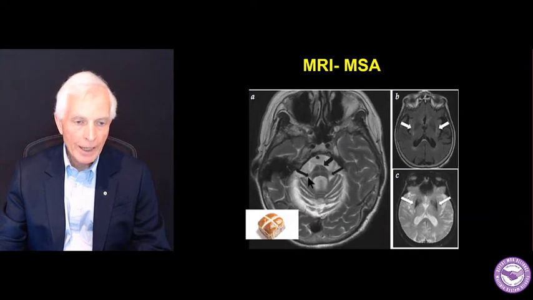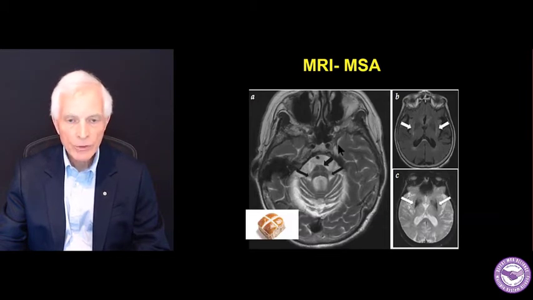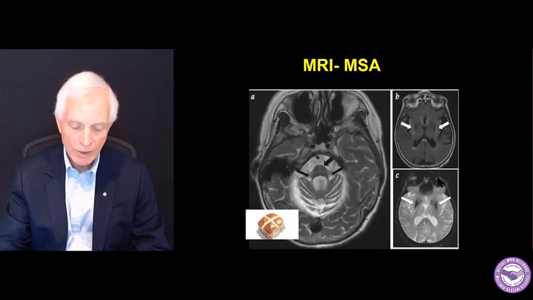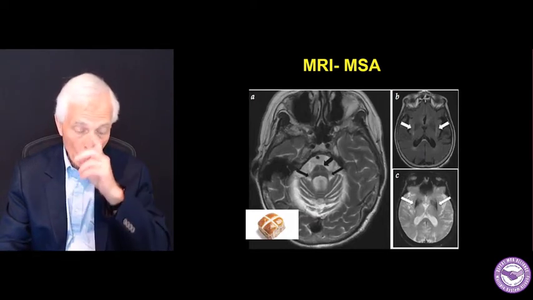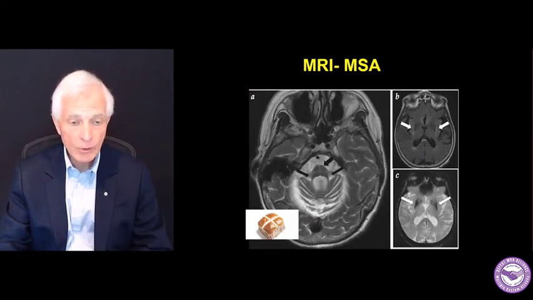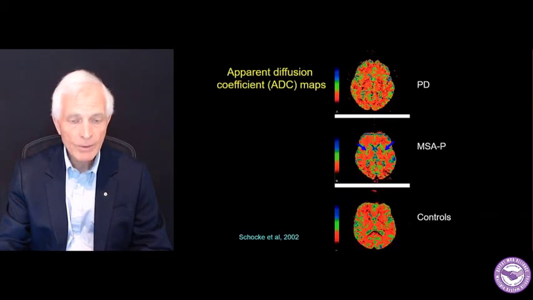This white area here is in a region called the middle cerebellar peduncle. And these white lines are indicative of loss of the substance of the cerebellum, indicating atrophy or degeneration in the cerebellum. So these are some of the hallmark features that the doctor looks for, suggesting the diagnosis of multiple system atrophy, the Parkinsonian and cerebellar forms.